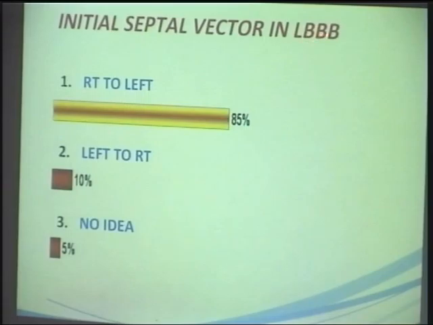Good. In a left bundle branch block, because the left bundle is not there, the septum is activated from the right bundle, from right to left. That's why you will not have the septal Q wave in left bundle branch block.